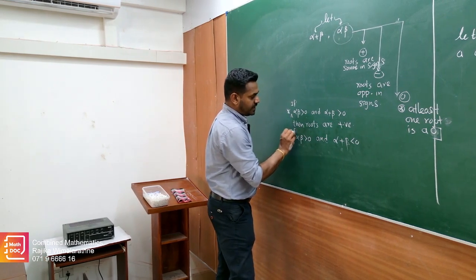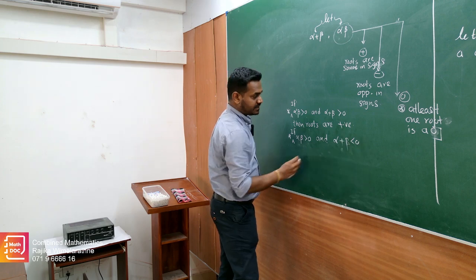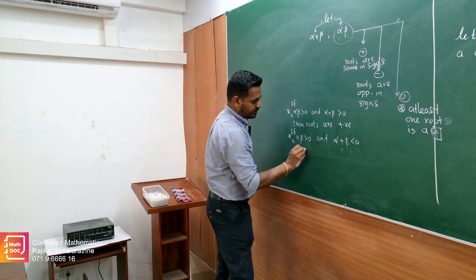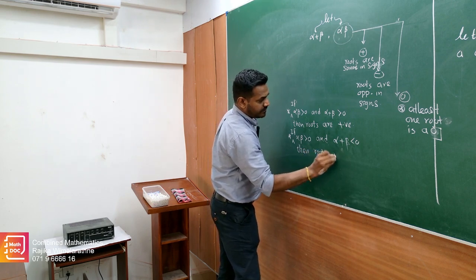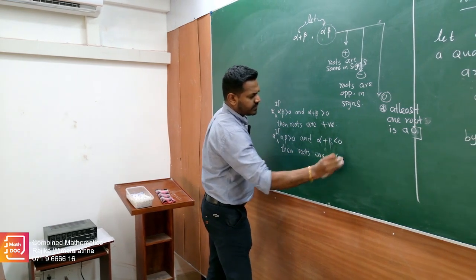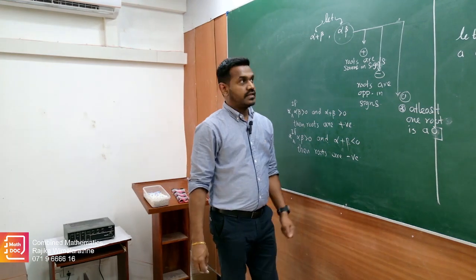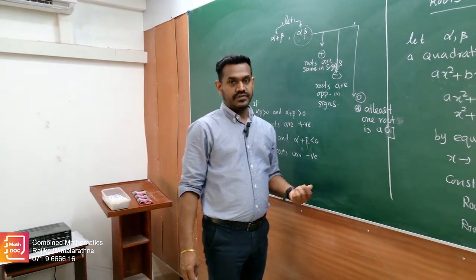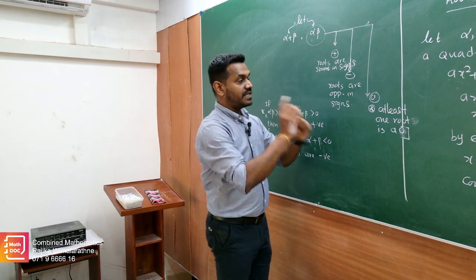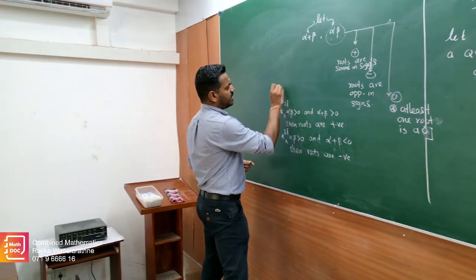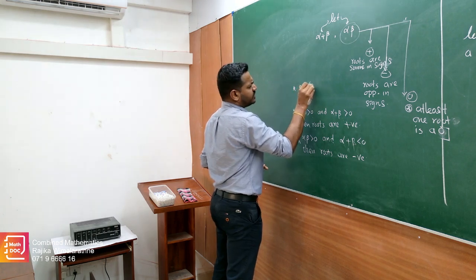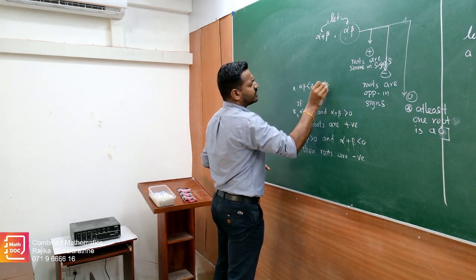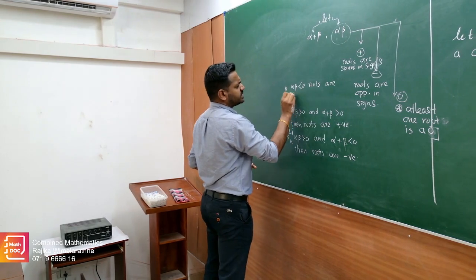So if alpha beta greater than 0 and alpha plus beta less than 0, then both roots are negative. That's how we consider the sign of the roots. Then a special thing: alpha beta less than 0, roots are opposite in signs.